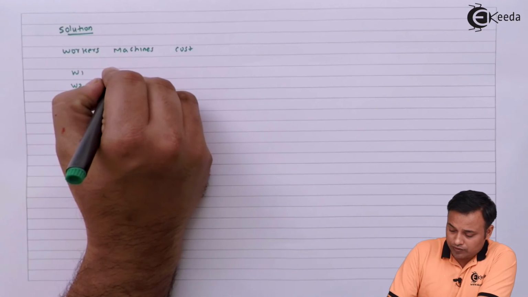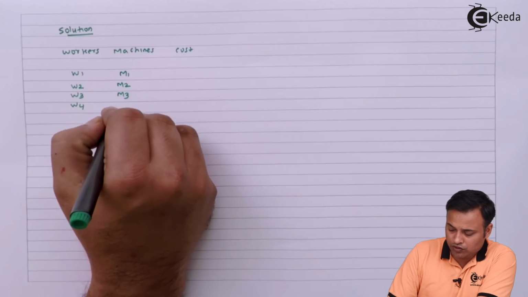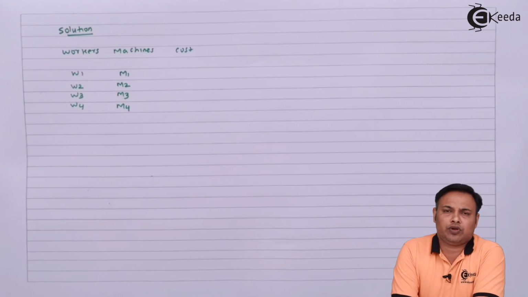So worker 1 gets machine 1, worker 2 gets machine 2, worker 3 gets machine 3 and worker 4 gets machine 4. This is purely coincidence.